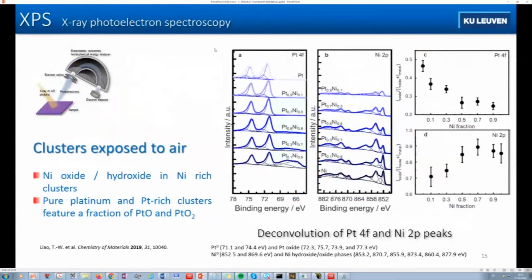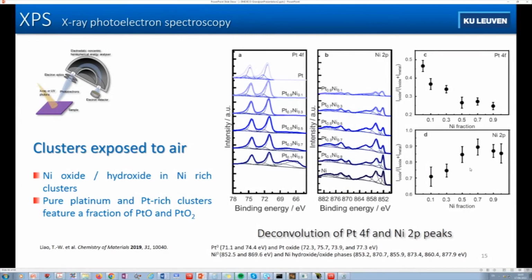So you see clearly that when you increase the content of nickel, you have less oxidation here for the platinum, and here when you put more nickel, of course you have more oxidation.